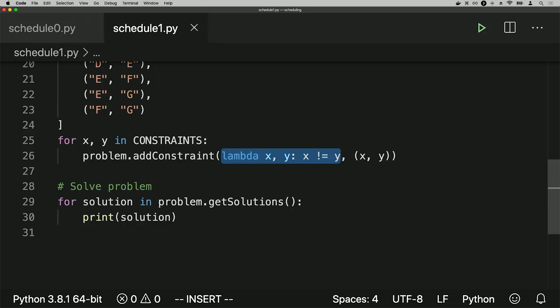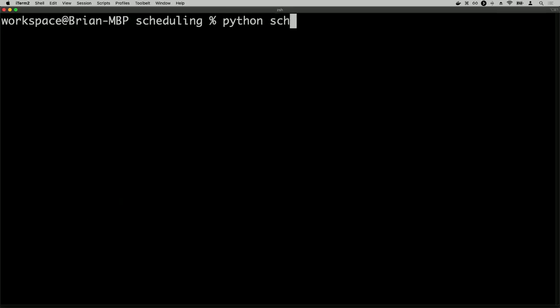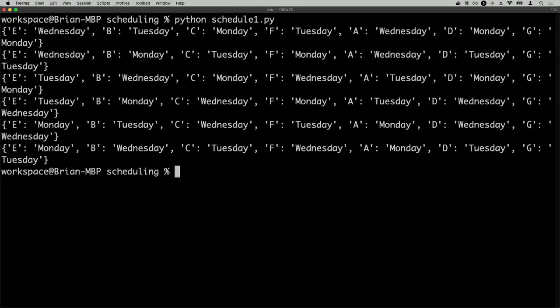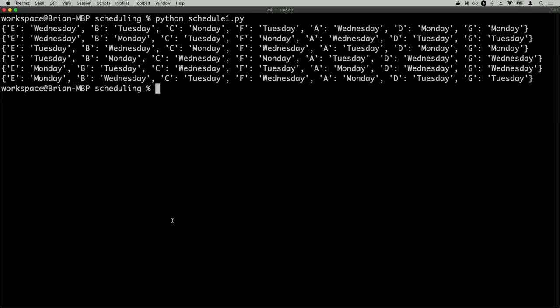And then, for any constraint satisfaction problem, I can call getSolutions to get all the solutions to that problem. And then for each of those solutions, print out what that solution happens to be. And if I run python schedule1.py, I now see there are actually a number of different solutions that can be used to solve the problem. There are in fact 6 different solutions, assignments of variables to values, that will give me a satisfactory answer to this constraint satisfaction problem.